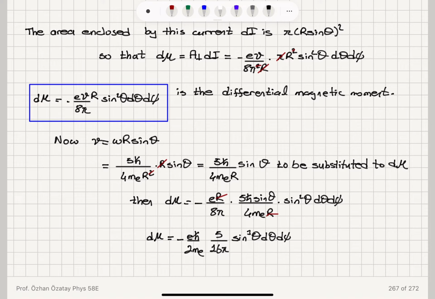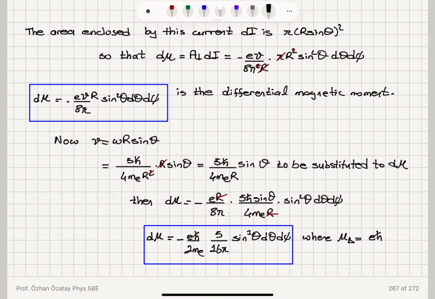Okay, so all the terms are taken care of. Okay, so this is our contribution to the magnetic moment, d mu. And here we have done this in order to introduce the Bohr magneton. Bohr magneton is e h bar divided by twice the mass of the electron.